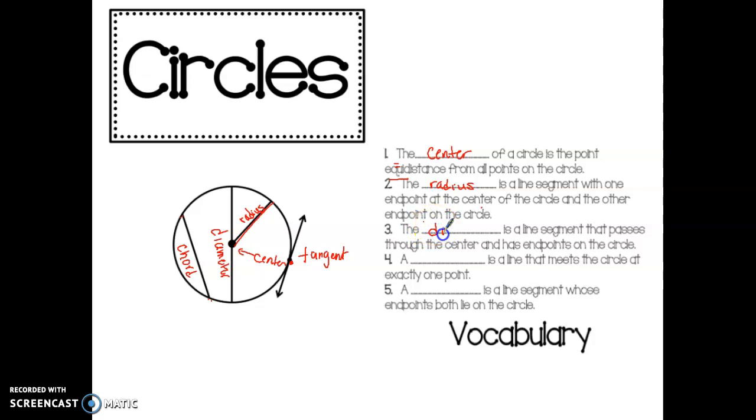The diameter is a line segment that passes through the center and has endpoints on the circle. So there are the endpoints. It passes through the center. A tangent is a line that meets the circle at exactly one point. And finally, a chord is a line segment whose endpoints both lie on the circle, but it does not go through the center.